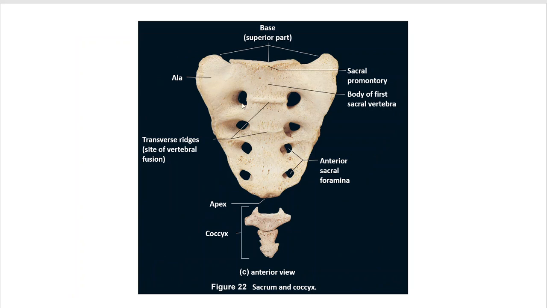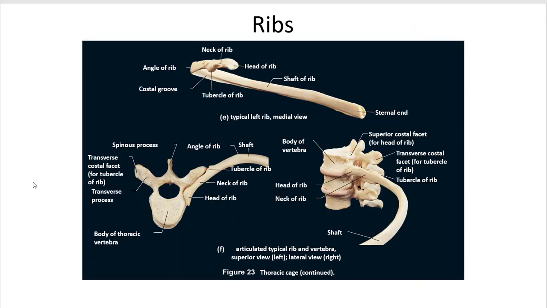Oh, now you can see. See, these are where the vertebrae are fused together into one. 1, 2, 3, 4, 5. See the ala, the anterior part of the foramina, which are just the same. Okay, ribs. Now, they don't have any of the parts of the ribs down here for you, so you don't have any worry about that.